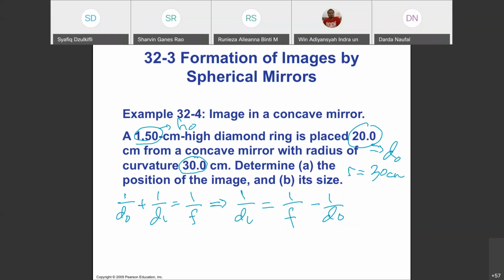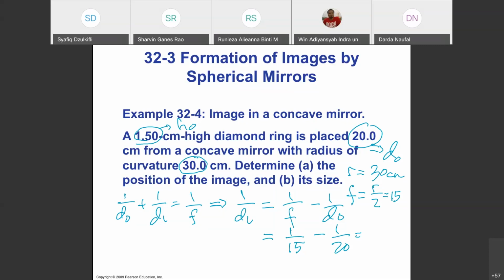Remember just now the formula? Focal point equals radius over 2. So the focal point equals 15, right? So using this, 1 over 15 minus 1 over DO, which is 20.